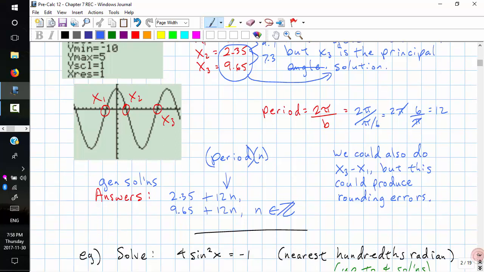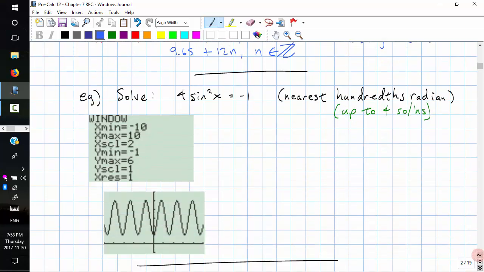Let's look at another problem. 4 sine squared x equals negative 1. Solve to the nearest hundredth radian. We have up to 4 solutions because we have a degree 2 trigonometric function, and it's sine, so sine can have up to 2 solutions.